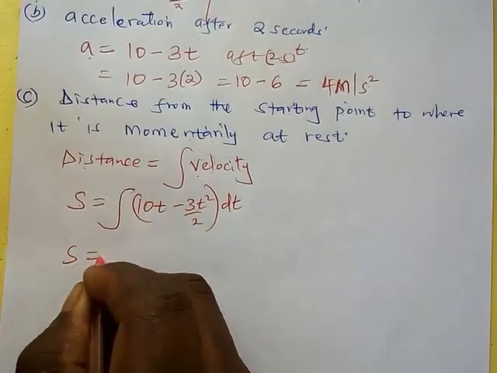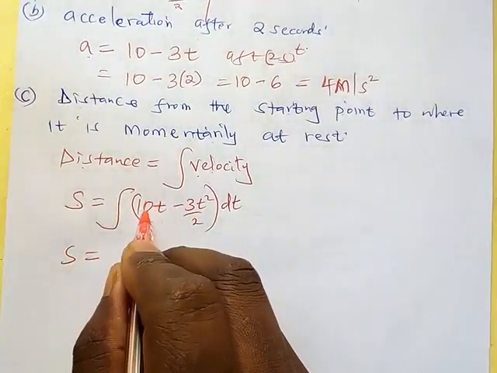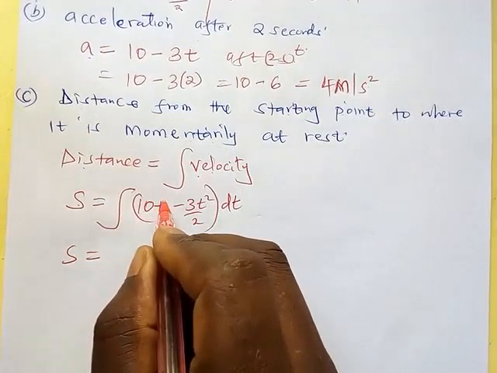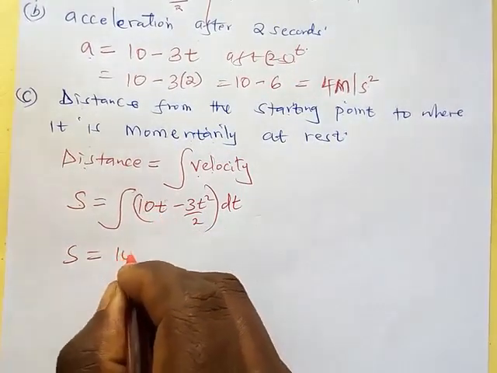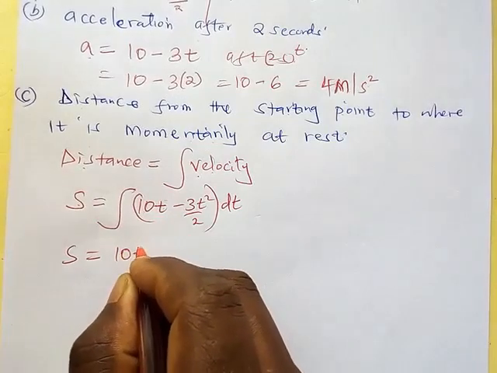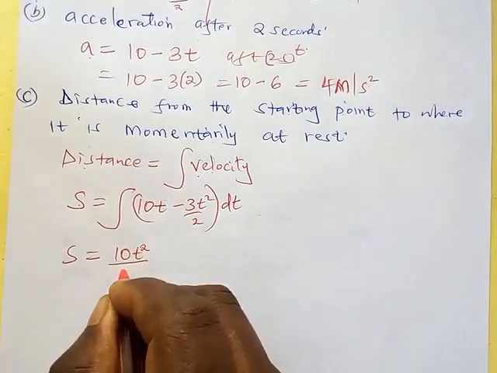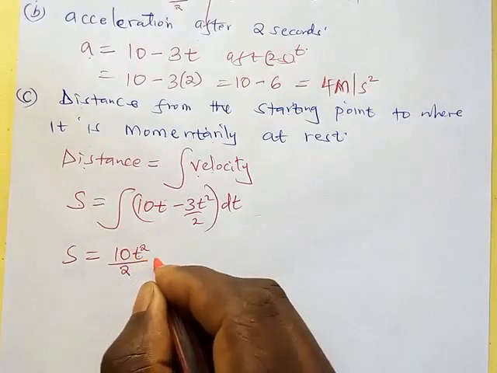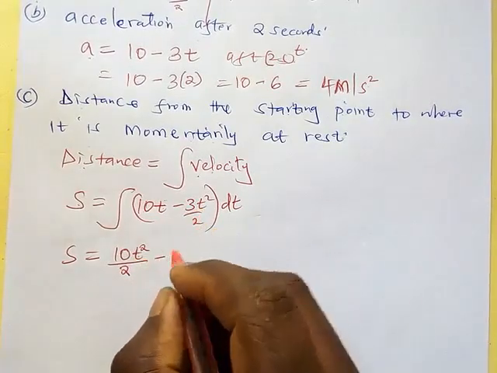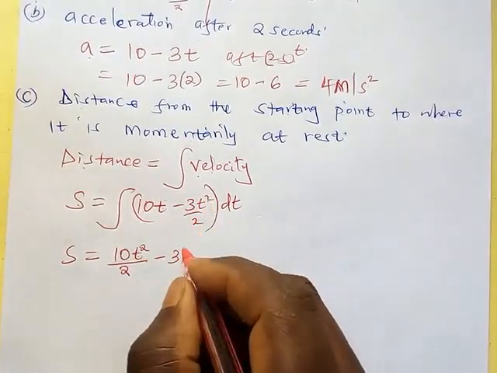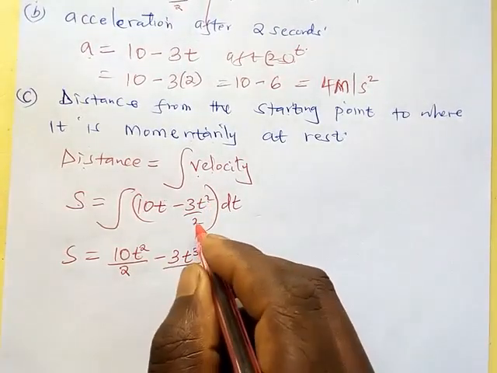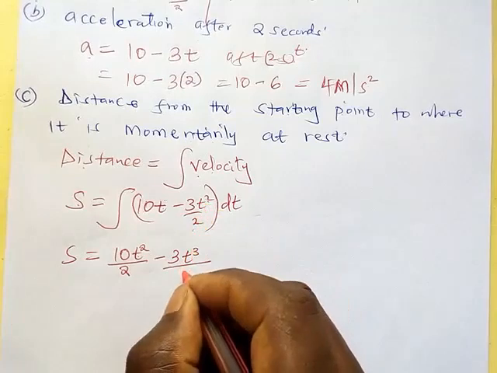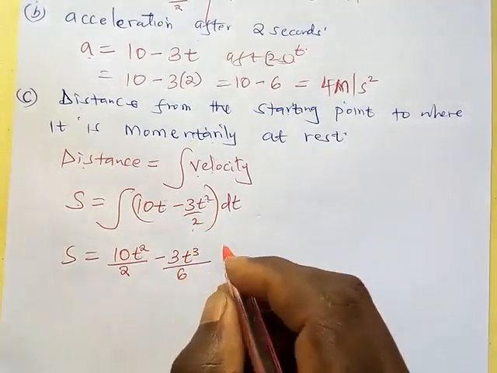Therefore, s is equal to, now let us integrate this one. This is 10t. This t is raised to power 1, so we add 1, divided by 2. This one is going to give us 10t squared divided by 2, minus 3t, this is 2, so 2 plus 1 is 3, divided by 2 times 3, which is going to give us 6, right?